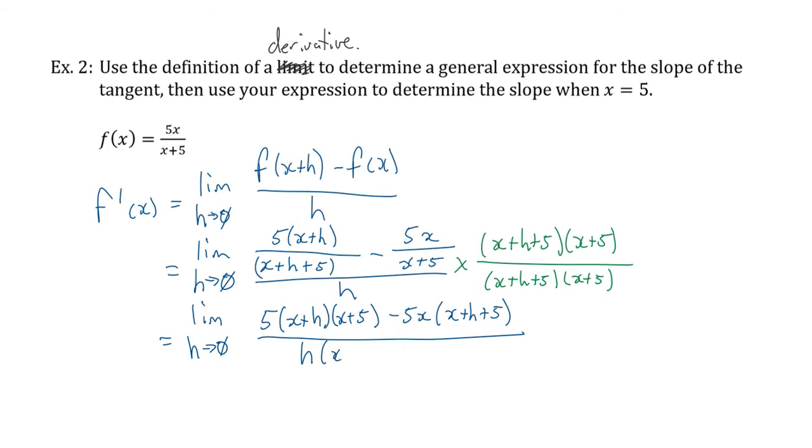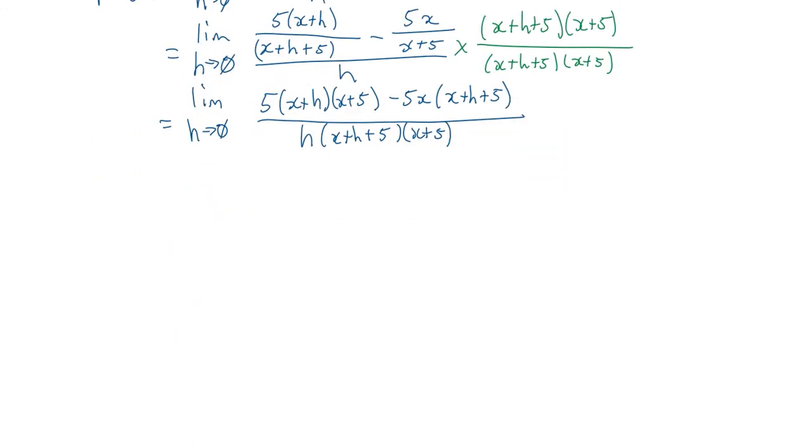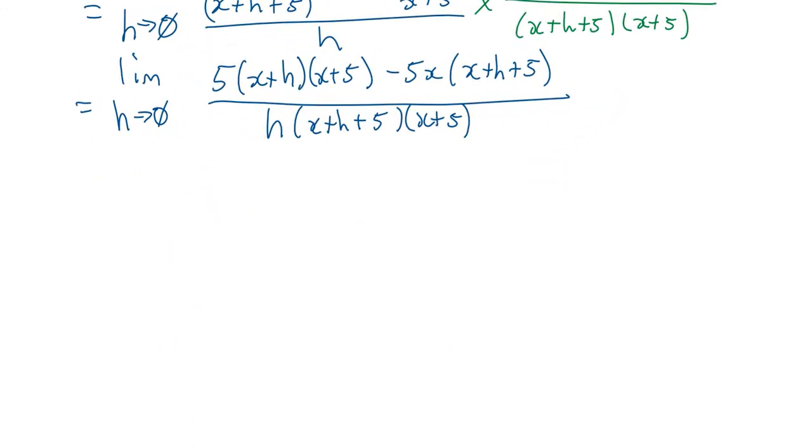We're going to expand the top, but we are not going to expand the bottom. So expanding the top is x times x, which is x squared times 5. If you make a small mistake here, you'll probably catch it because the next step won't work.